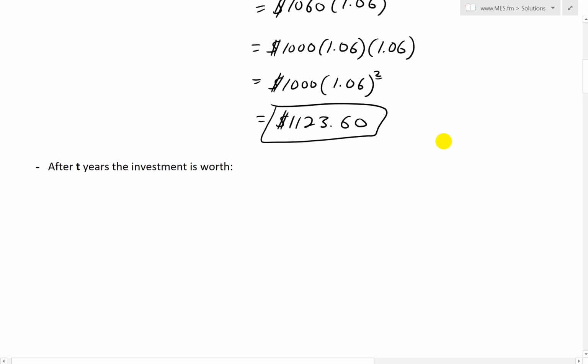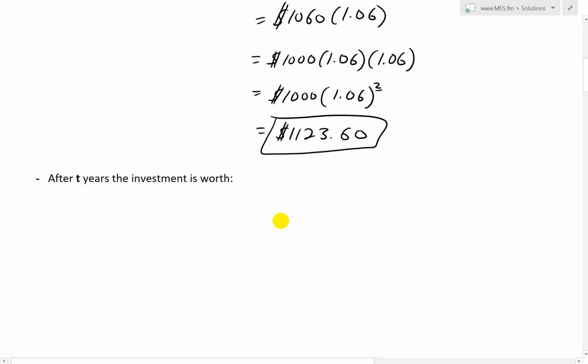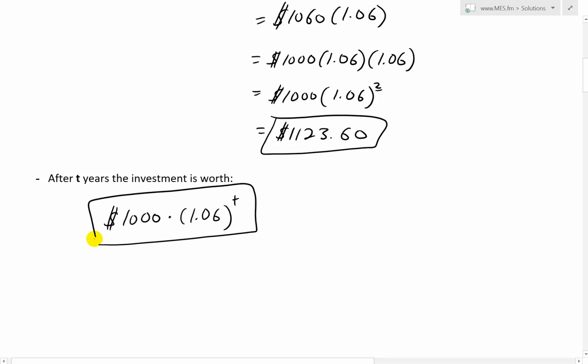So after T years, the worth is 1,000 times 1.06, because we have a 6% interest rate, to the power of T. So that's for any number of years. If it's 4, you put a 4, if it's 3, you put a 3.